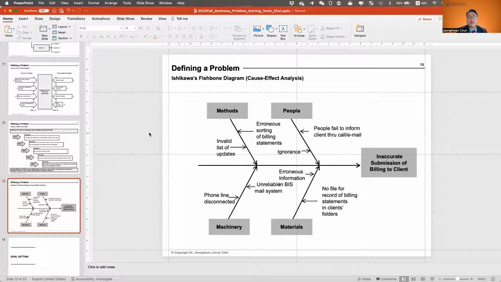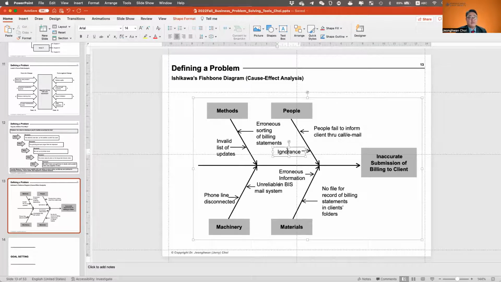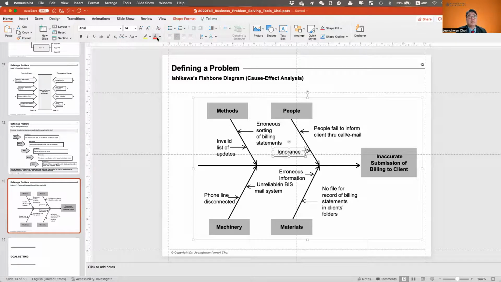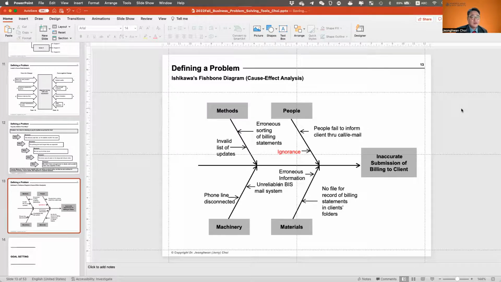For example, if people ignore the order or ignore the billing to the client, what can we do if that is identified as the biggest problem? Probably we need to bring up better solutions to train them.